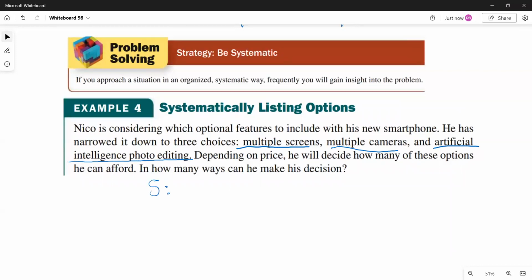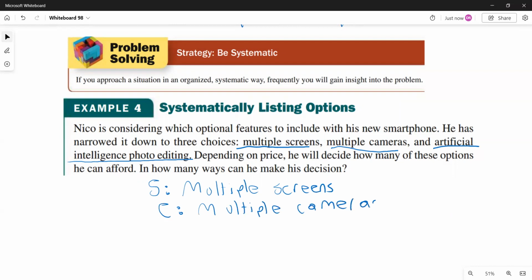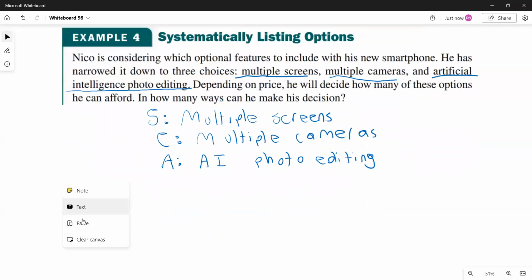Let's call S multiple screens, C multiple cameras, and A artificial intelligence photo editing. Okay, so Nico has the following possibilities.